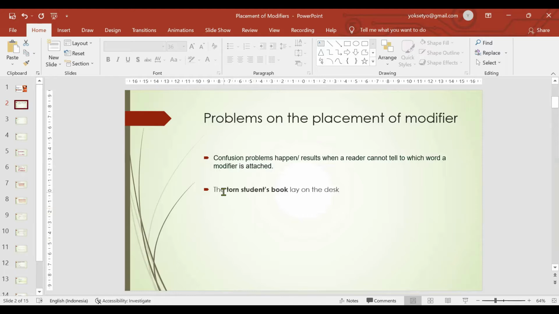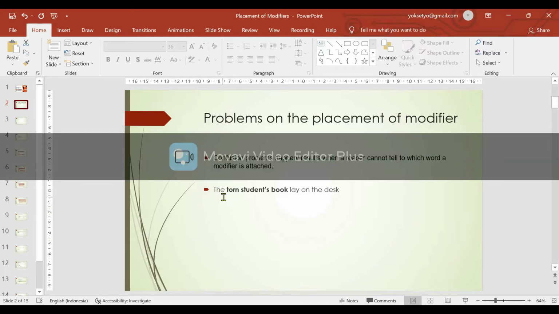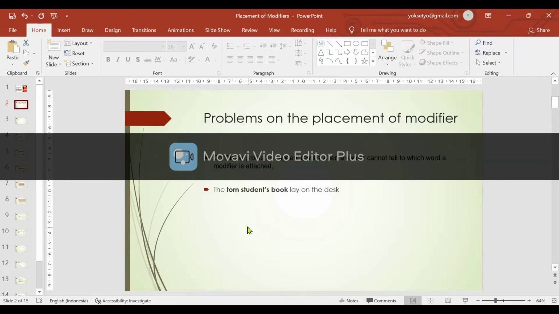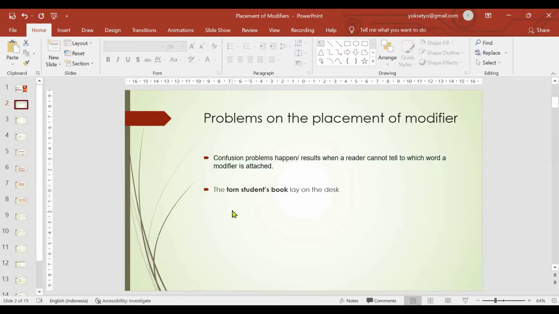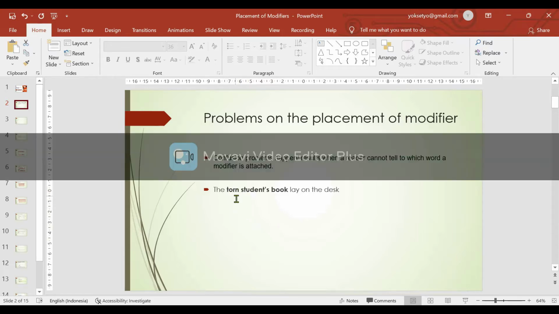But if you look at the sentence, the tone student's book, when you read something like this, the modifier tone modifies the student, because the word tone is placed close to the word student.